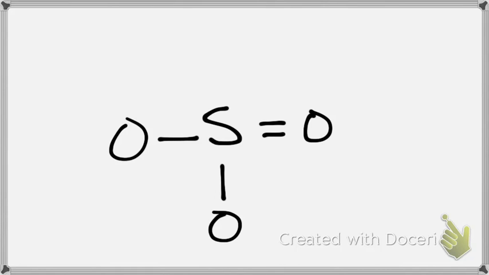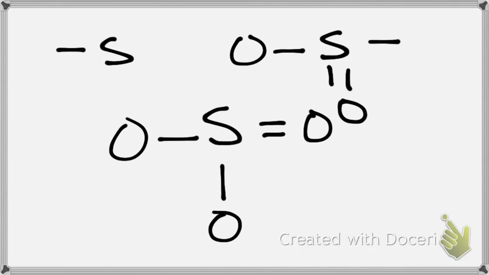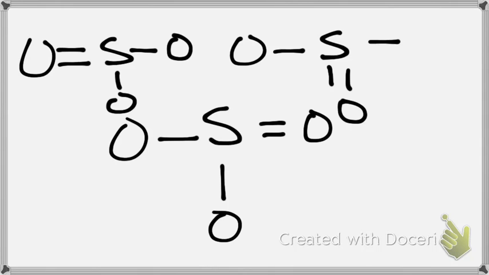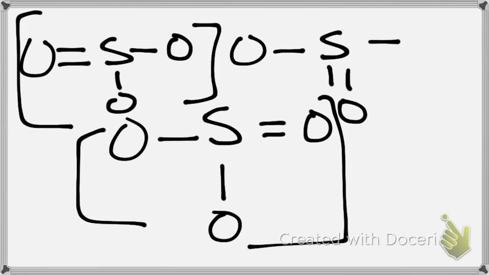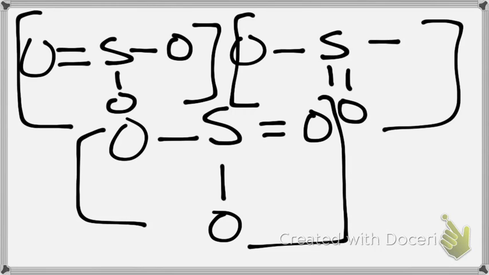So that's one of them. The other one could be like this, the double bond in the bottom. And another one could be the double bond on the left side. These are all the resonance structures for this molecule. Take note, I did not draw the lone pairs, but this is what that means. Just look at that double bond that's moving.